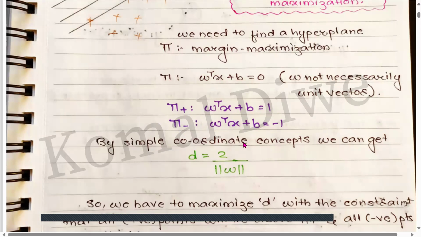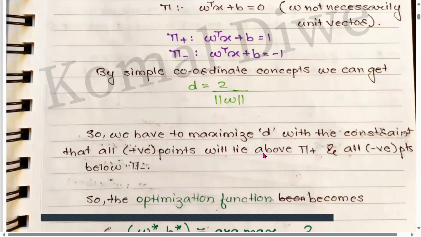By simple coordinate geometry we can get d equal to 2 divided by the magnitude of w, because this is the distance. Here we put in the value of w, and then we get a scalar quantity.